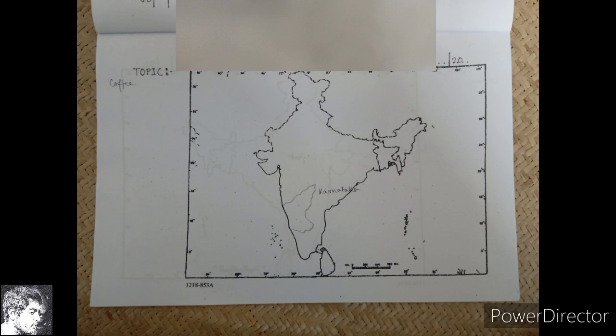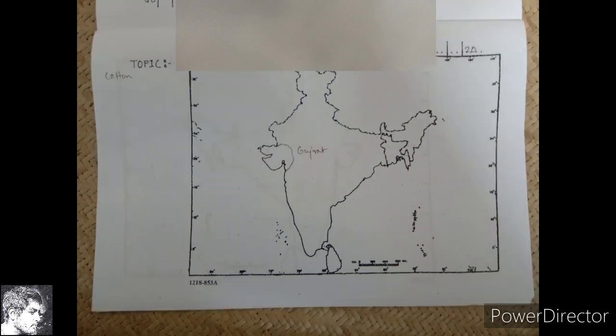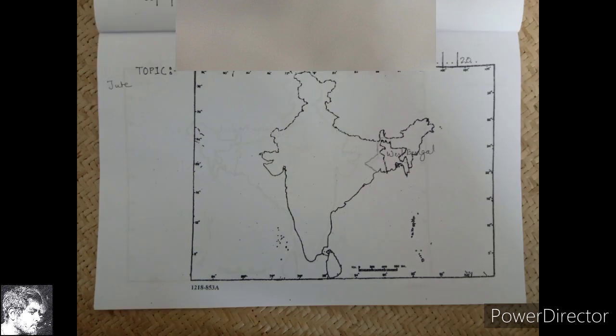Map is nothing but you have to do some little practice on each map, and you have to remember not all the states but a few states. If you remember 10 or 15 states, then you can do all the others. There are 29 states, but if you remember 15 of them, then you can do all of them.